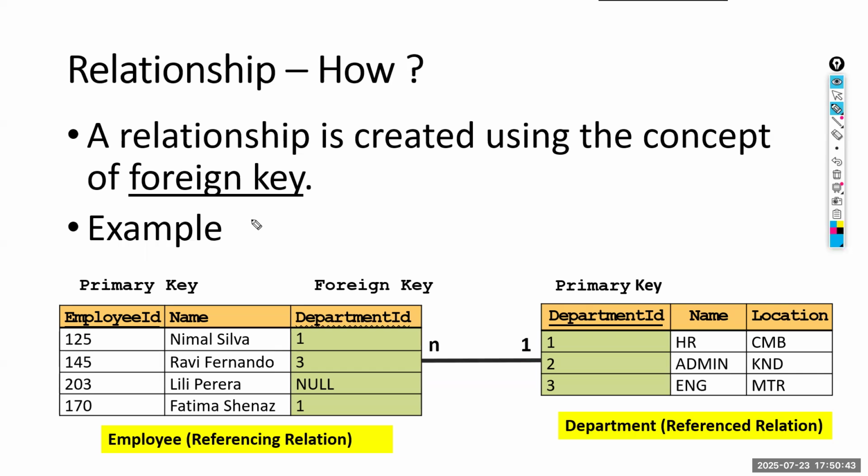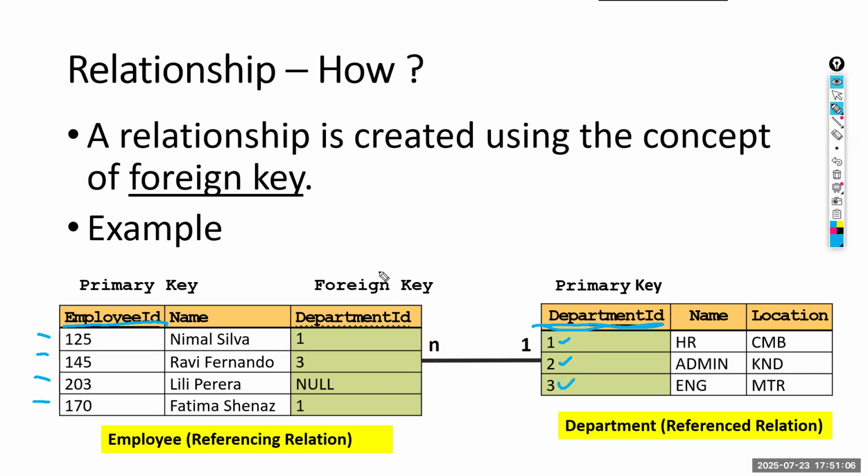So you must be very comfortable, very sure about the difference between primary key and foreign key. Every table has a primary key. Primary key is used to uniquely identify a record. So employee ID uniquely identifies an employee record. Department ID is used to uniquely identify a department record.